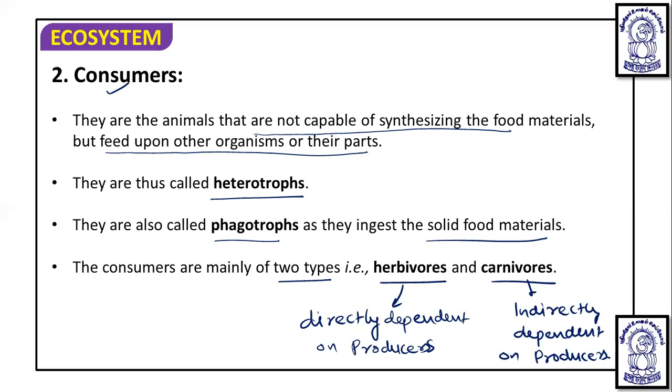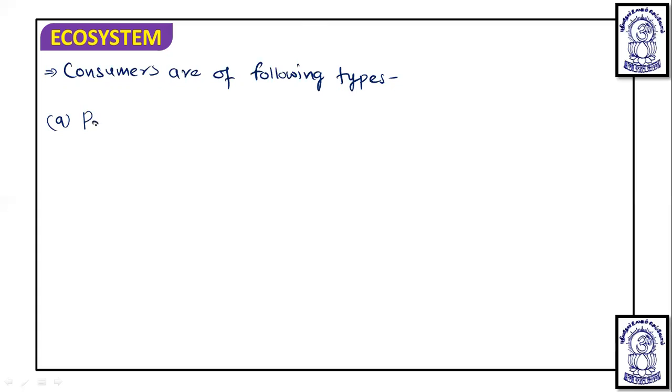Now if we classify these consumers into further groups, consumers are of the following types. The first one is primary consumers.